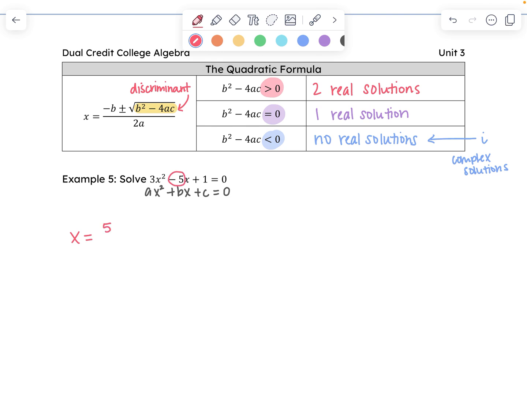So it's just going to be 5 plus or minus the square root of b squared. So now it's negative 5 squared minus 4 times my a is 3 and my c is 1 all over 2 times my a, which is 3.